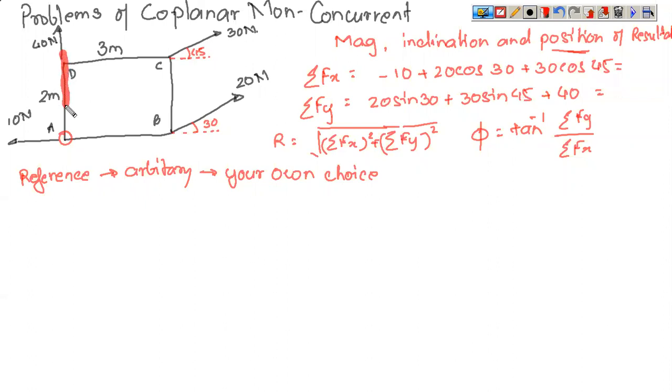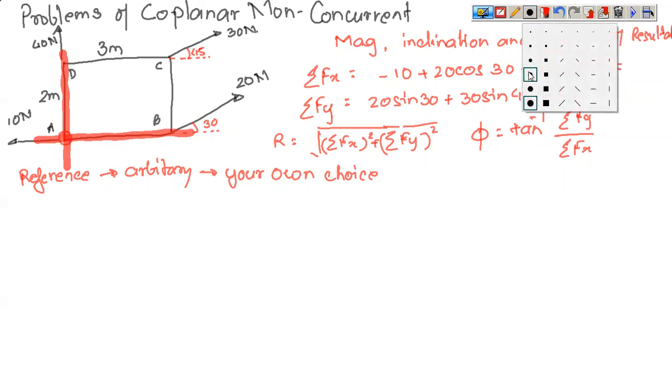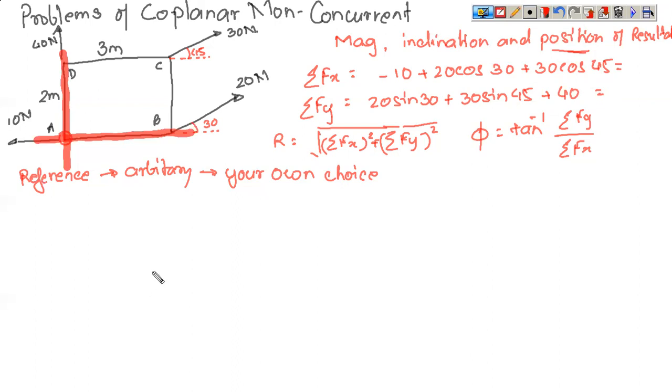So this is your rough line. This is your line of action of moment. This plus indicates this is your line of action of moment. Now this is predefined. This is your choice. Line of action of moment means that all distances henceforth will be calculated with respect to point A only.